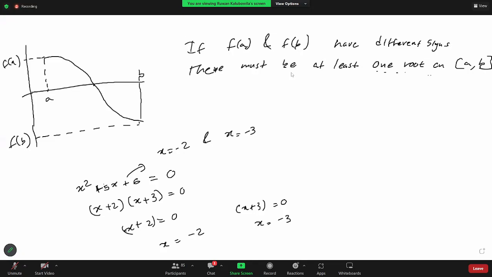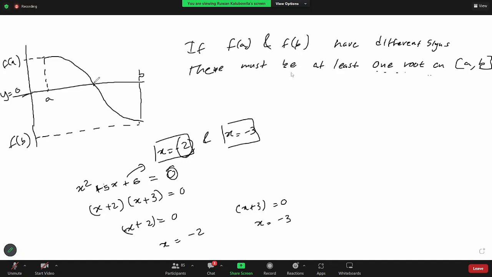So what is the root? At that time, sometimes you don't know what the root is. Root means, when you apply an x value to this function, it gives 0. So this is the 0 level, the y equals 0 line, right?